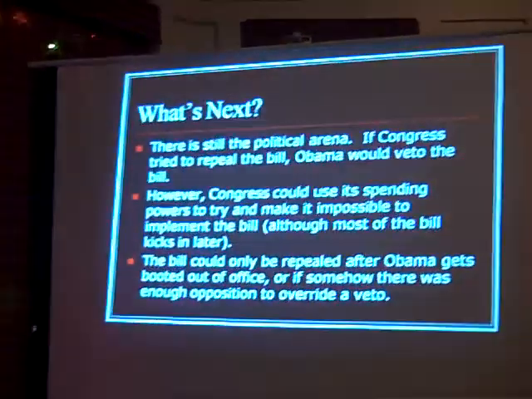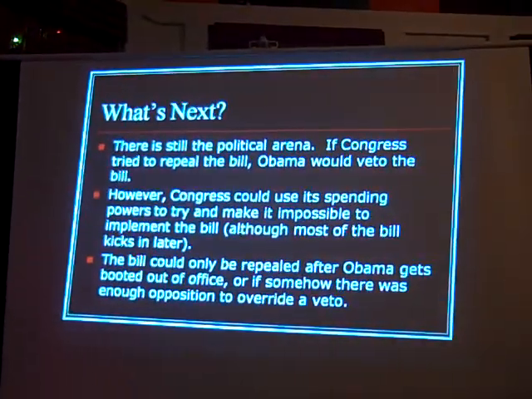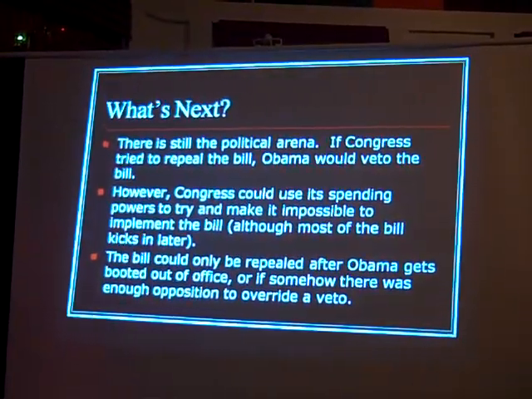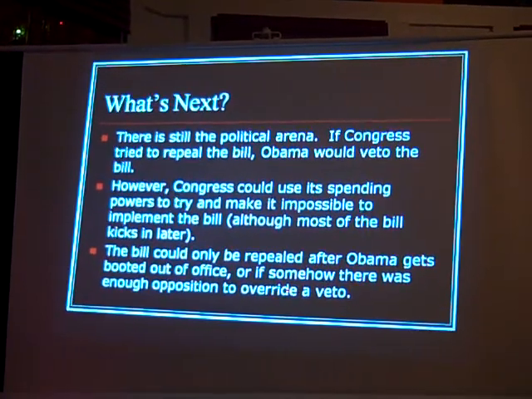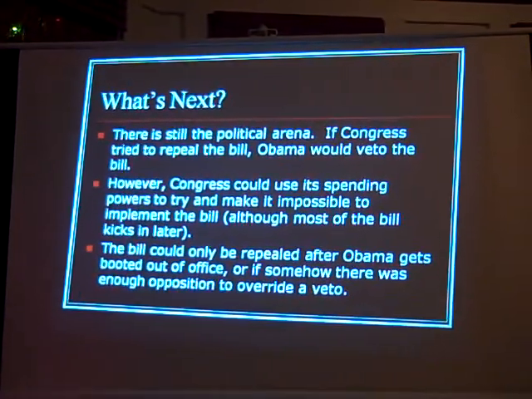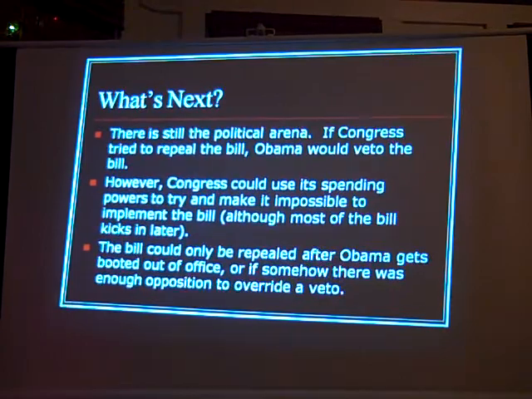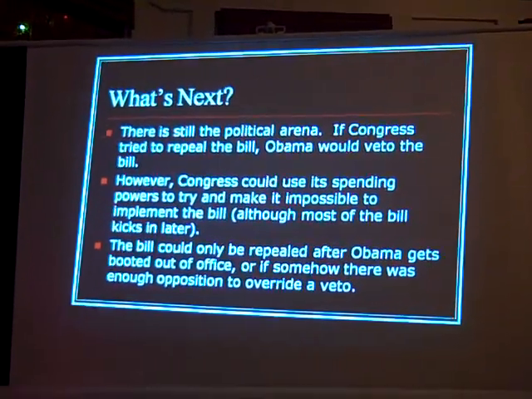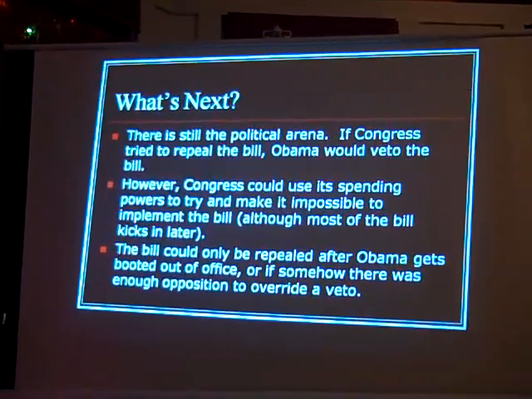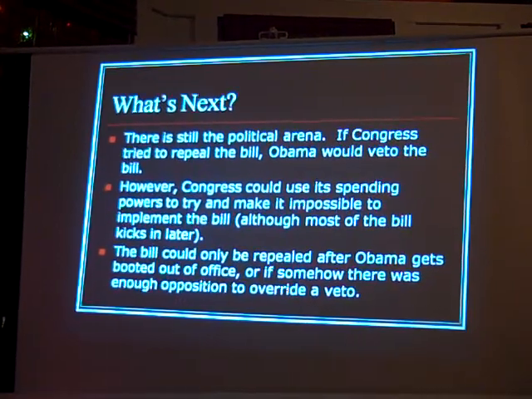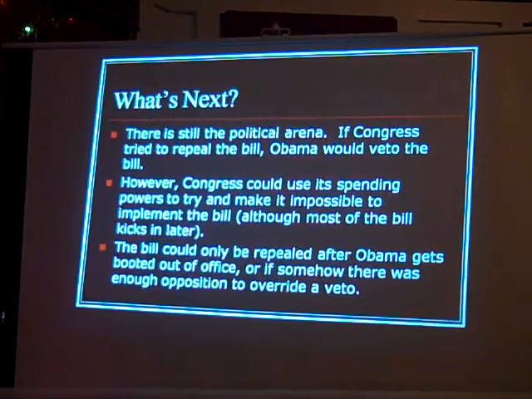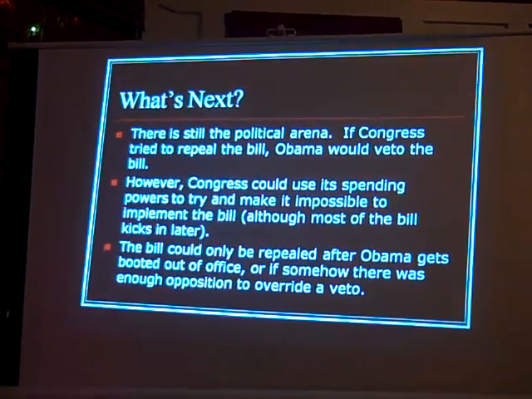And then, look, the Supreme Court's going to rule. So some of this is, you've got the political arena. We know that Congress is not going to repeal the bill at this point, certainly. They're going to wait until the Supreme Court does something. Let's say the Supreme Court says it's constitutional.